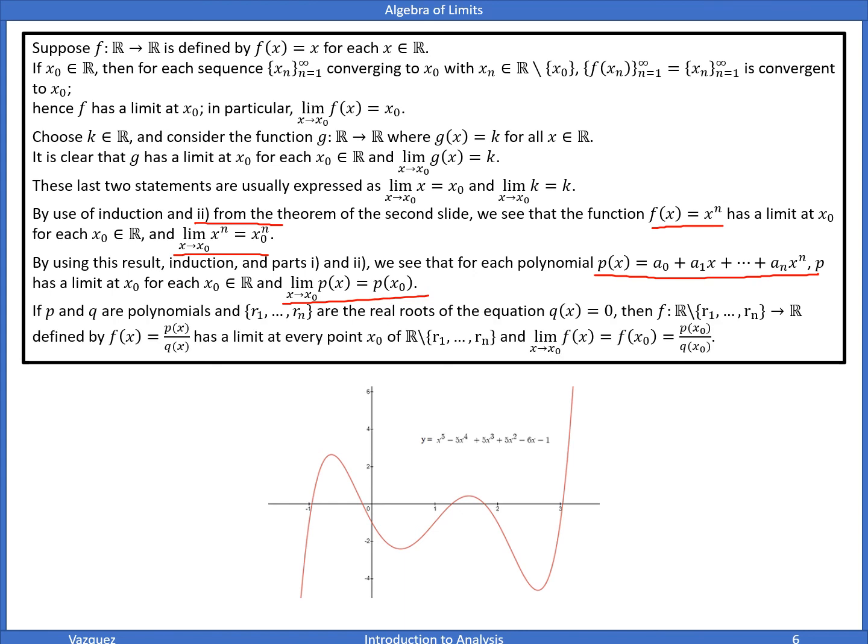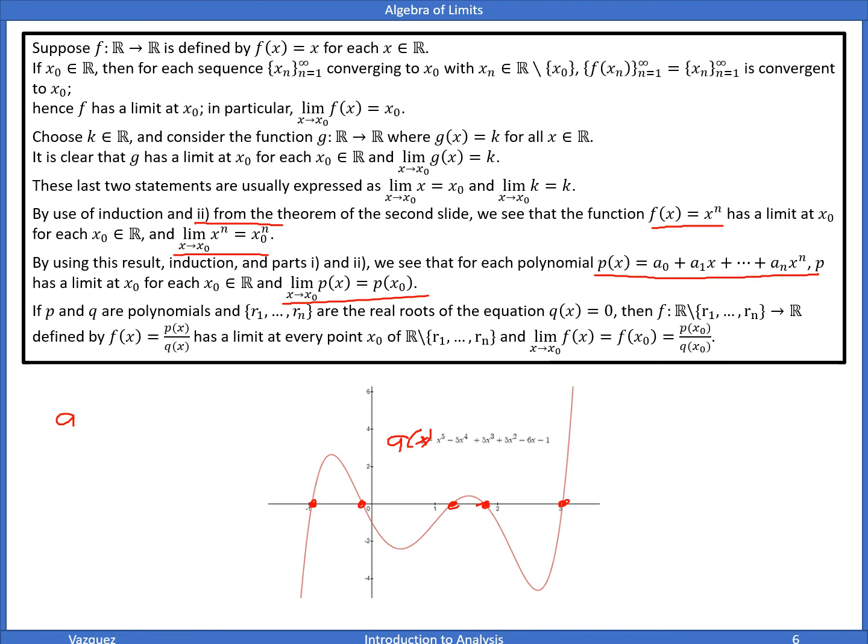And the last thing is if p and q are polynomials and r1 to rn are real roots of the equation q of x equals 0. So here, let's just say this is equal to q of x. We have 1, 2, 3, 4, 5 roots.